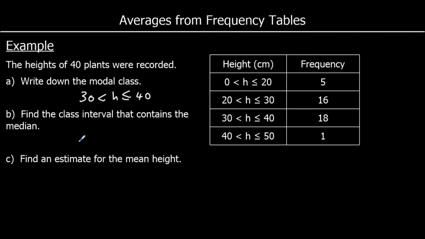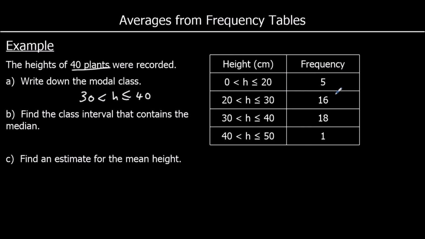Write down the class interval that contains the median. So there are 40 plants. The frequency adds up to 40. The median is the middle number. So we could split 20 on both sides. So we'll be looking at the 20th and the 21st plants if they were lined up in order.